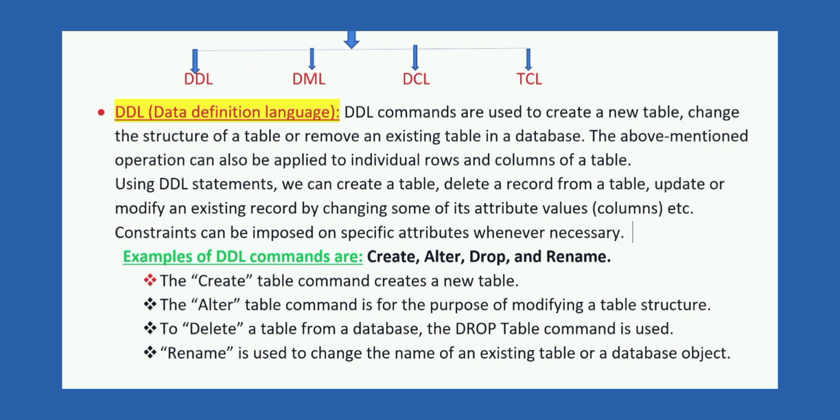Suppose your question is to write all the types of languages used in DDL and write the examples of DDL commands. Then first you have to mention that there are 4 types of languages: DDL, DML, DCL and TCL. And examples of DDL commands are create, alter, drop and rename. Fine. So these all commands are used in DDL.